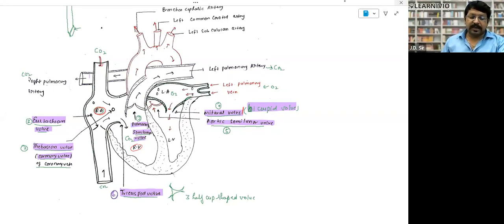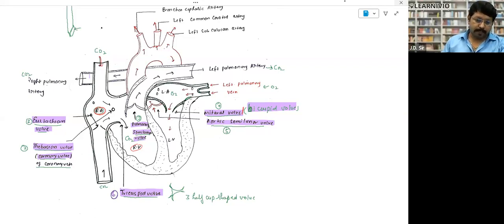These are three half-cup shaped valves, so they are called the tricuspid valve. They prevent backflow. So the third valve, tricuspid valve, is present between the right atrium and right ventricle to prevent backflow.